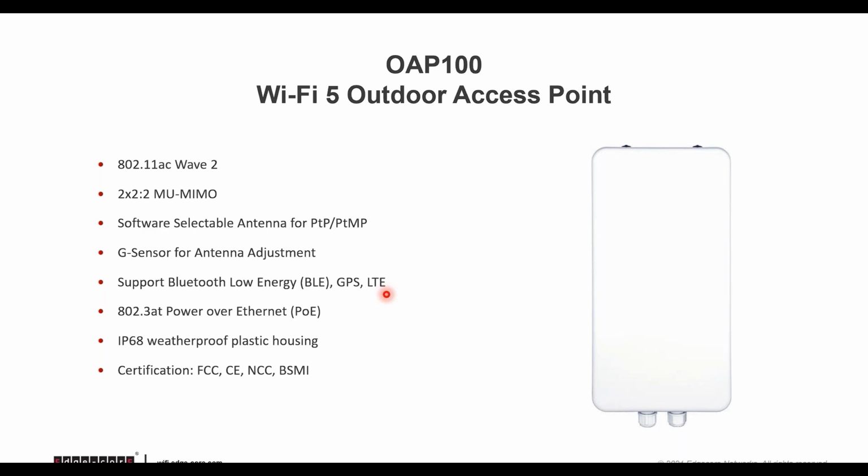LTE means you can wire the Ethernet port as a backup, or use it as the main internet for the one port. Powered by 802.3at, and the waterproof rating is IP68.